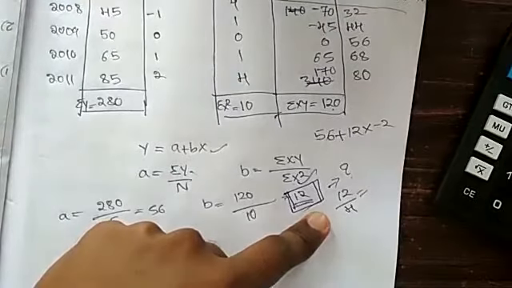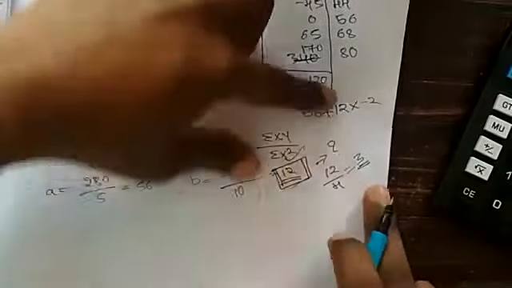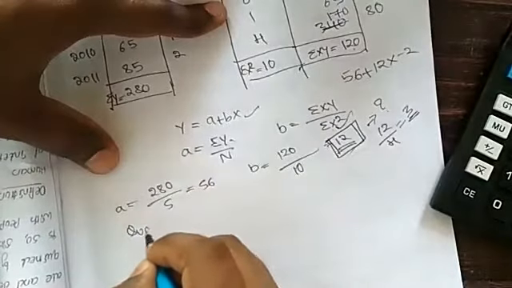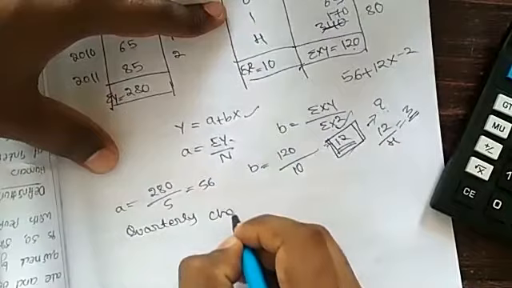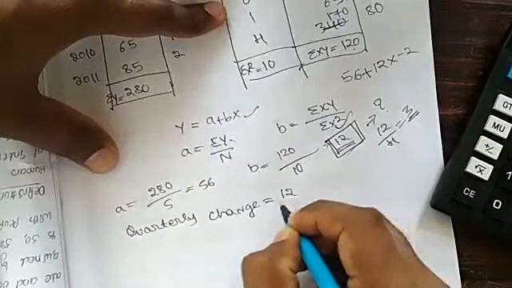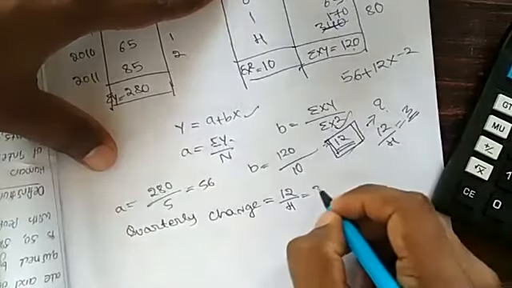So you can find the quarterly increment or quarterly change is 3. I'll write here: quarterly change is annual change divided by number of quarters. That is 3.